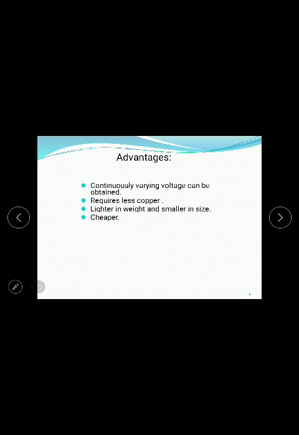So the cost is cheap. It improves the power factor also. And the regulation of an auto transformer will be better.